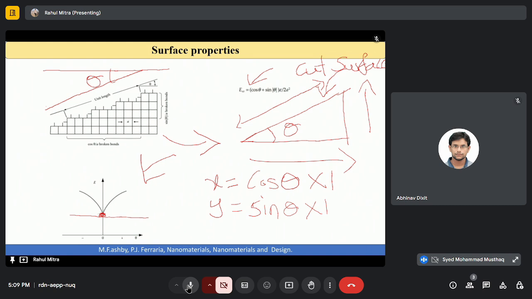This point is called a cusp, where the surface energy is minimum, and we got our relation: surface energy is equal to bond energy divided by 2 times the lattice parameter square, times cos theta plus modulus of sin theta, the modulus maintaining the positive sign. From there we define it for the polar coordinates.